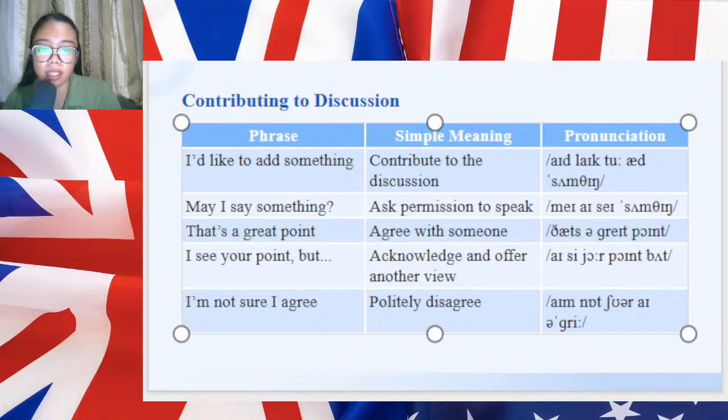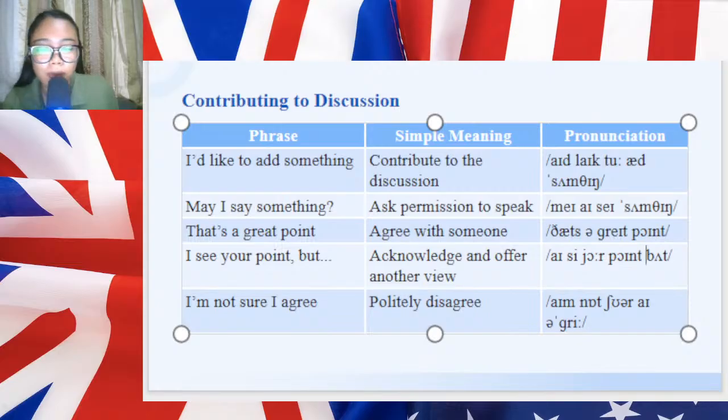Lastly, I'm not sure I agree. So you politely disagree here. This is a polite and less direct way of expressing disagreement or indicating that you hold a different opinion. So this phrase is much softer or more diplomatic than saying directly, I disagree.